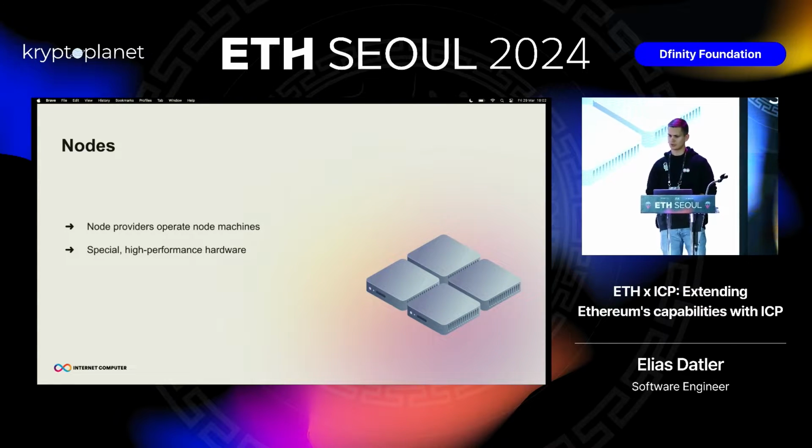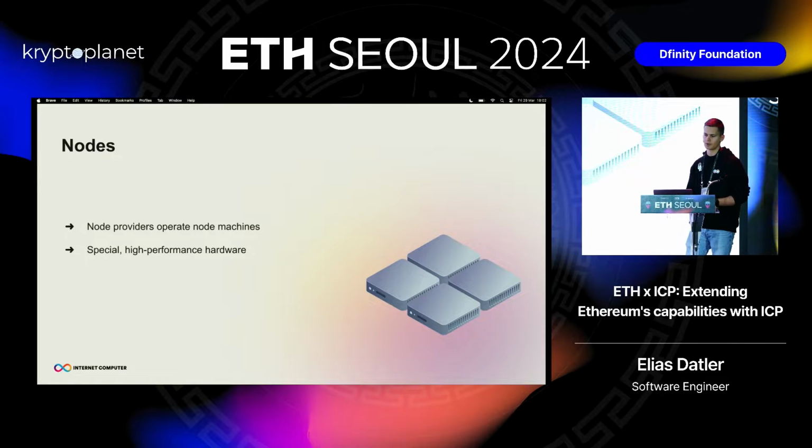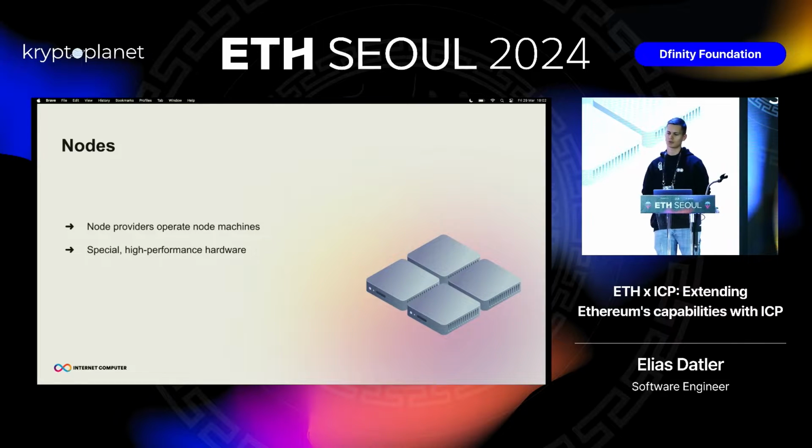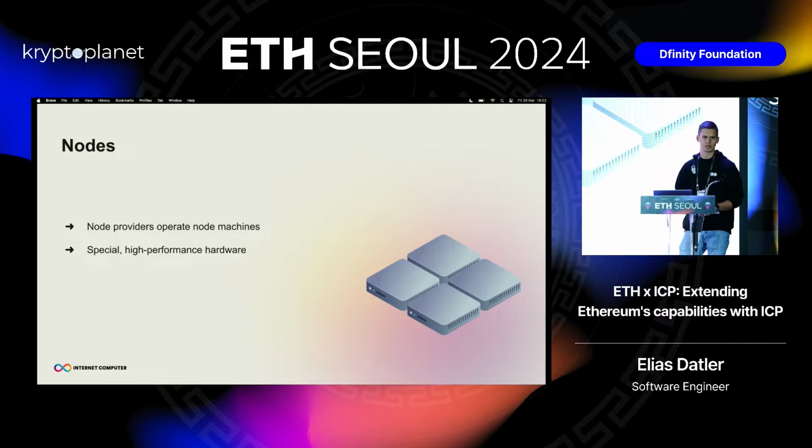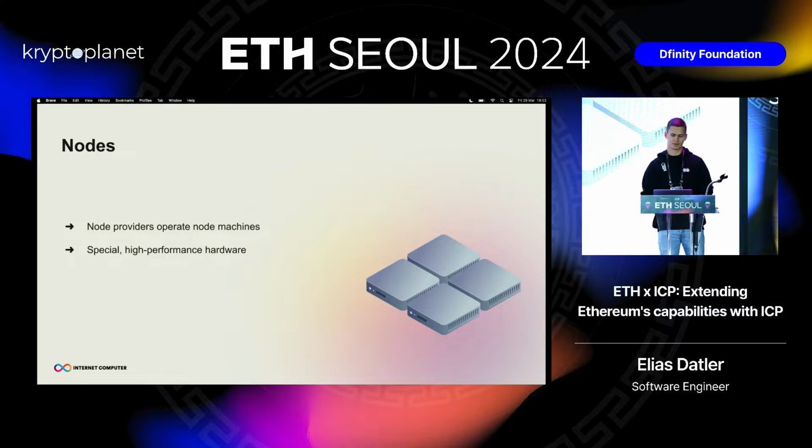Now, those nodes are special high-performance hardware, so not any machine can become a node. We have quite high requirements. That's because we want to have a uniform blockchain with very capable machines, such that we can host all the software that is out there. And that wouldn't work if we have some laptops being nodes or something.